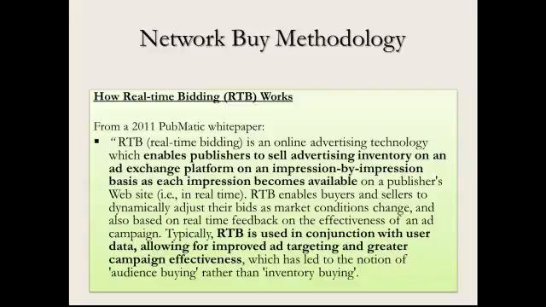And real-time buying enables buyers and sellers to dynamically adjust their bids as market conditions change, and also based on real-time feedback on the effectiveness of an ad campaign. And typically, real-time buying is used in conjunction with user data, allowing for improved ad targeting and greater campaign effectiveness, which has led to the notion of audience buying rather than inventory buying.